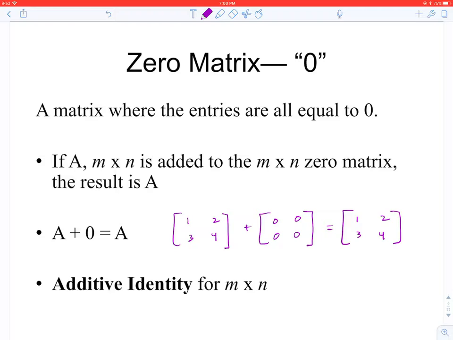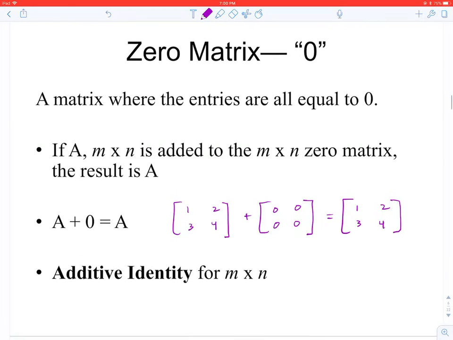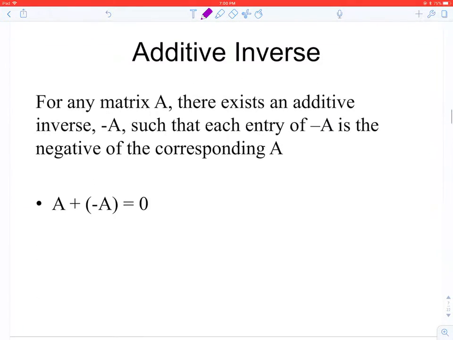The point here is that real numbers have different properties, but matrices also have properties that are similar to real numbers.